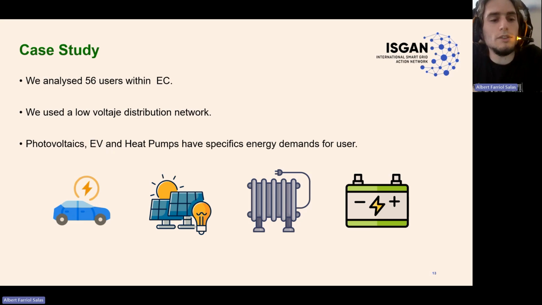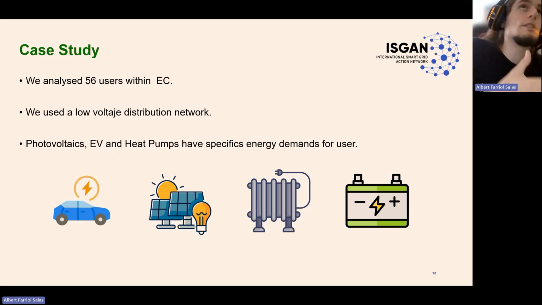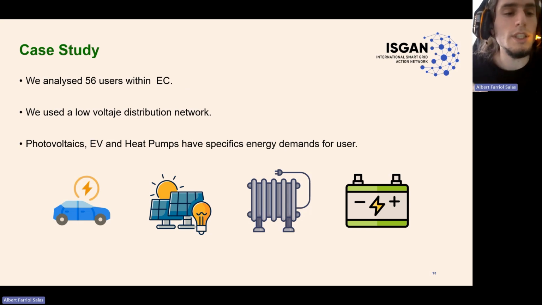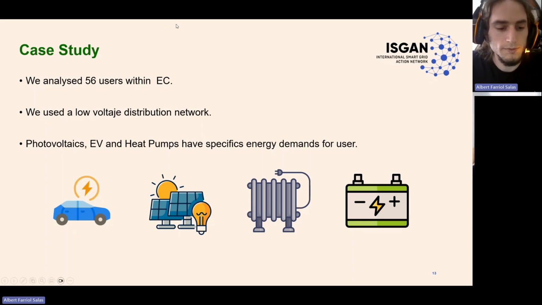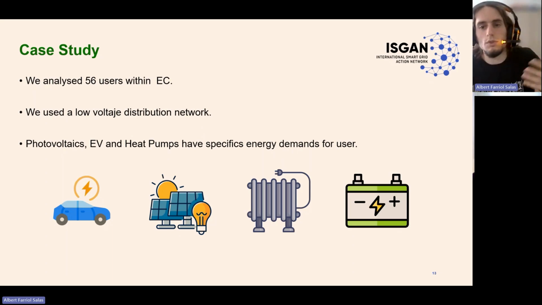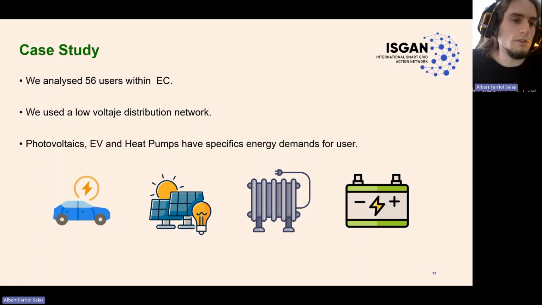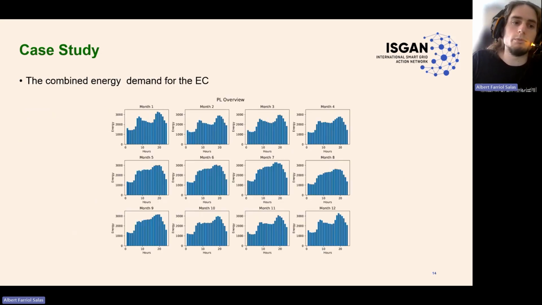And here we have some photovoltaics, electric vehicles, heat pumps, loads, and each user in the energy community has their own demand, but we didn't want to show some results because we didn't want to take a lot of time here. So each one of the users has their own life, how they work, and we just studied all as a group.